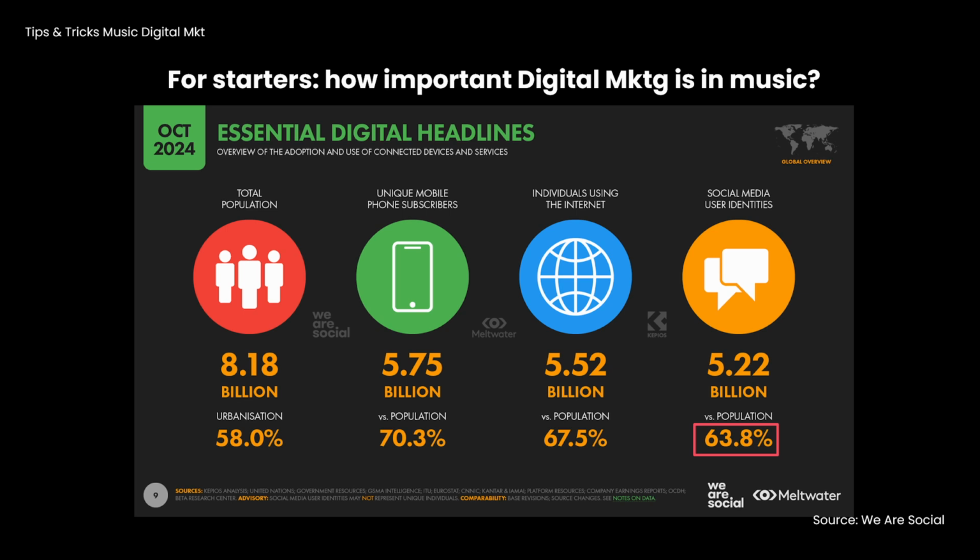This means that the opportunities we have on social media, or artists have on social media, to reach audiences are huge. Even if you make jazz music, for example, a very niche thing, you're always going to find your audience online.